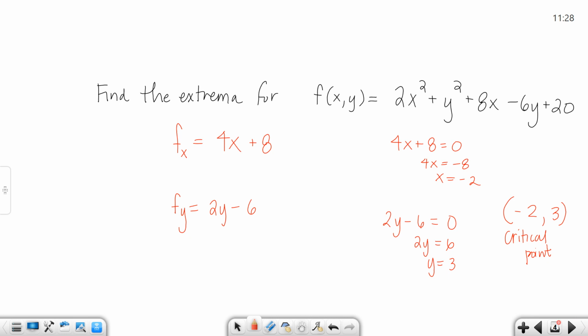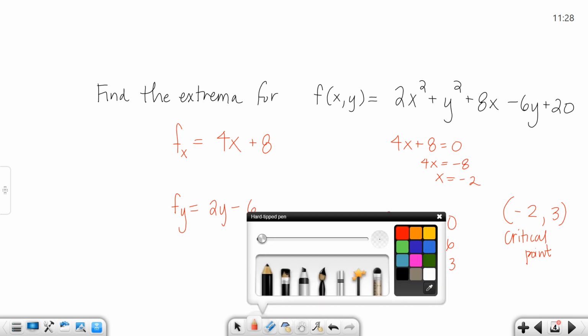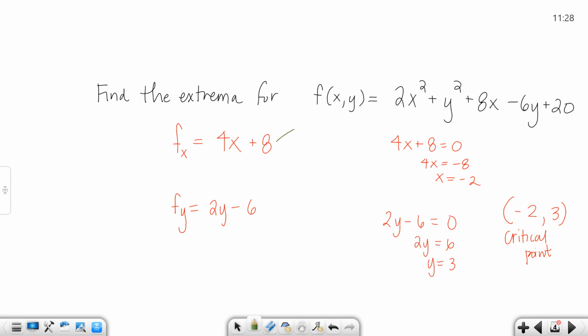Now we're going to use our second derivative test. So let's take our derivatives. fxx is going to be 4. fxy is going to be 0. fyx is going to be 0. And fyy is going to be 2.